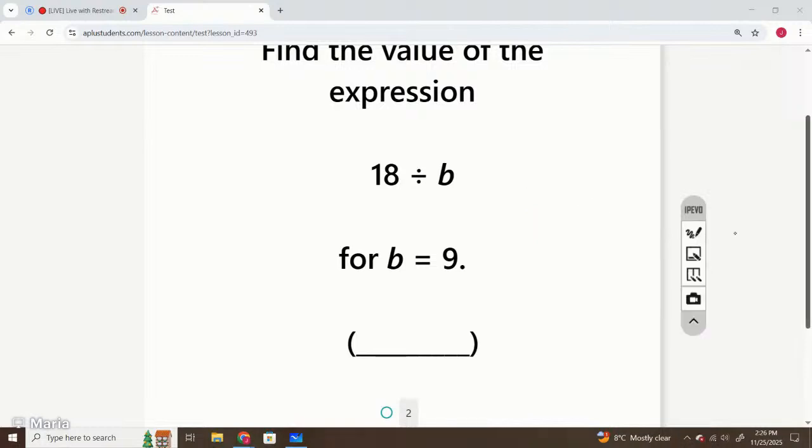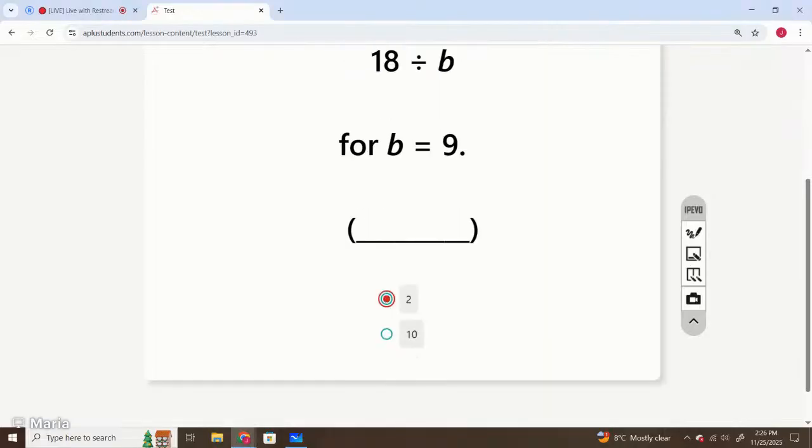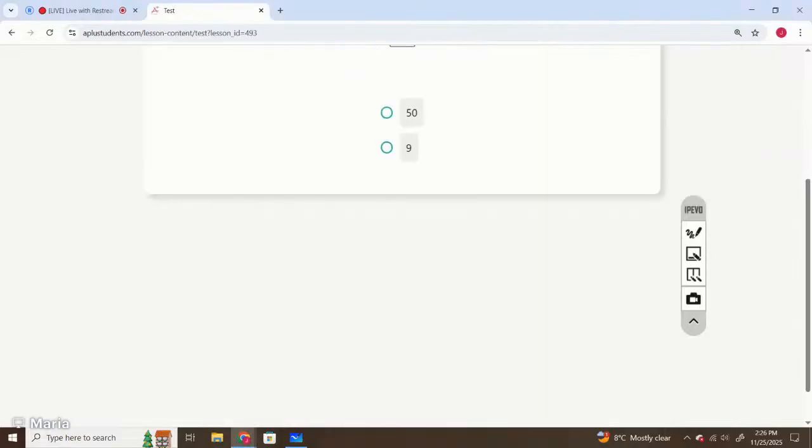That is 2. The correct option is 2. 9 times 2 is 18.